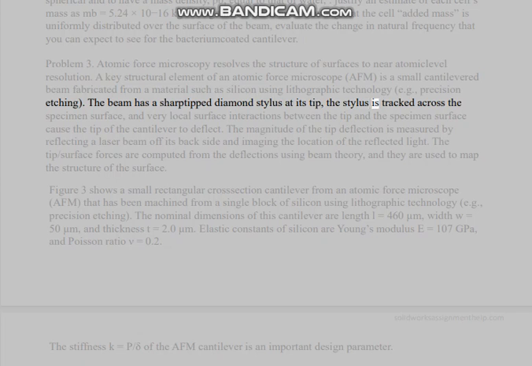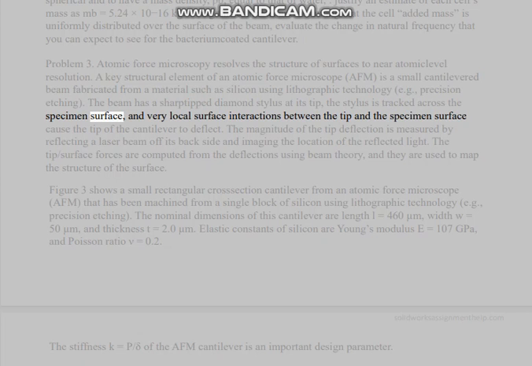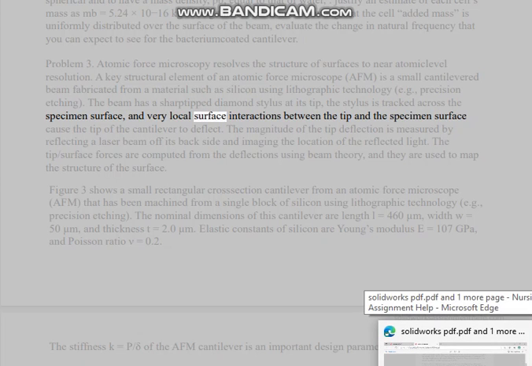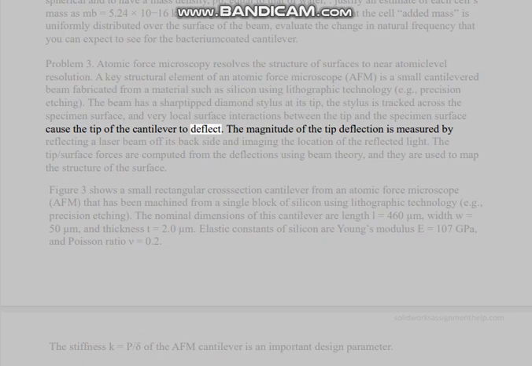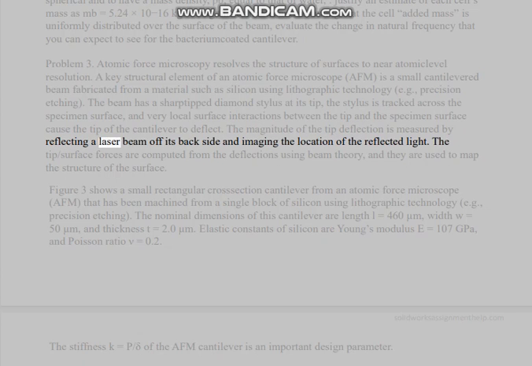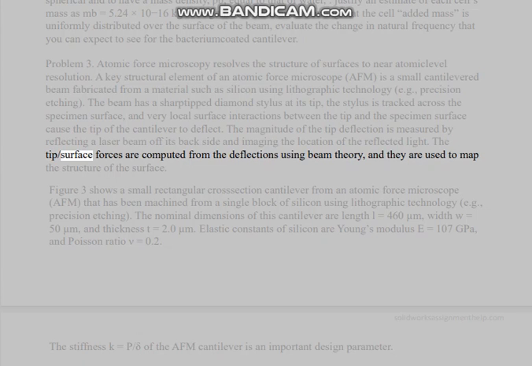The stylus is tracked across the specimen surface, and very local surface interactions between the tip and the specimen surface cause the tip of the cantilever to deflect. The magnitude of the tip deflection is measured by reflecting a laser beam off its backside and imaging the location of the reflected light. The tip surface forces are computed from the deflections using beam theory, and they are used to map the structure of the surface.